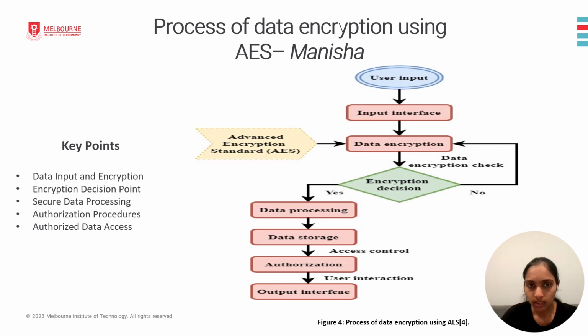Once the data is deemed secure, the information is processed, which means analyzed or changed. Only people who are allowed can access or change this information. They need permission to do so. When they are finished using the information, they can lock it again. The most important goal throughout this process is to make sure the sensitive information stays safe and protected from unauthorized access or changes.